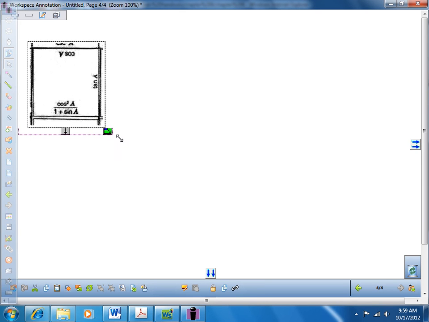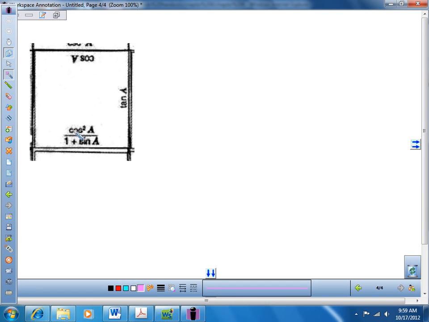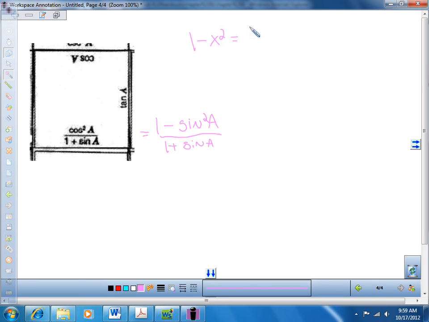You probably want to simplify cosine squared A. A is just another angle, so instead of theta, they're using A. I can rewrite cosine squared of A as 1 minus sine squared of A, over 1 plus sine of A. This is like having 1 minus x squared, and 1 minus x squared factors to 1 plus x times 1 minus x.